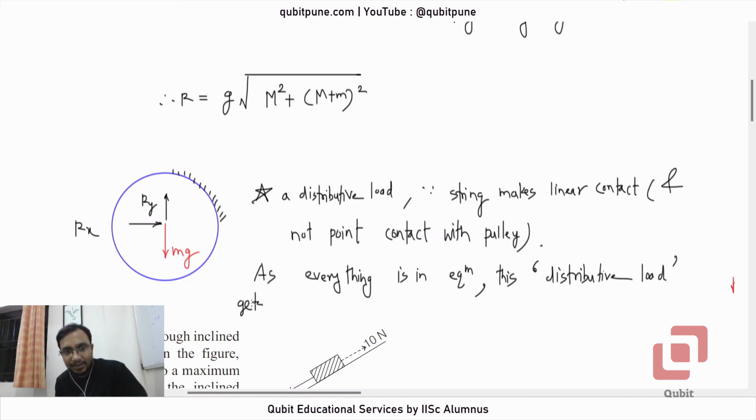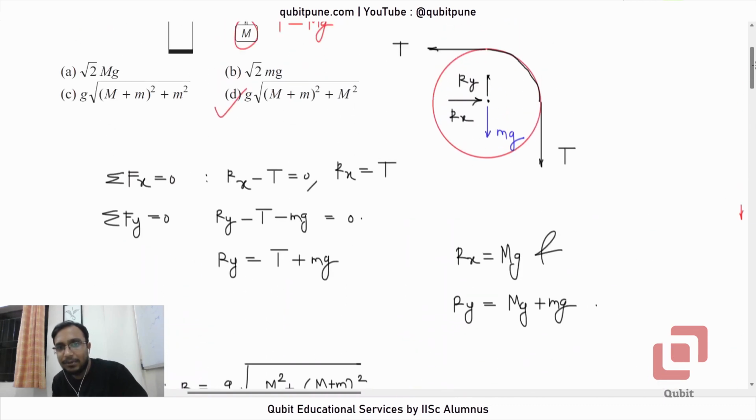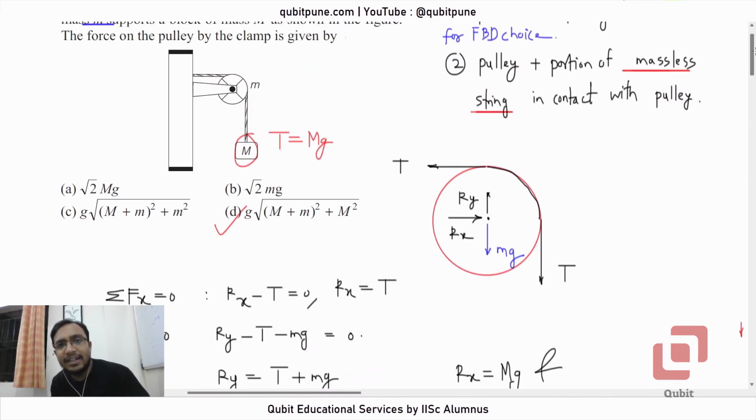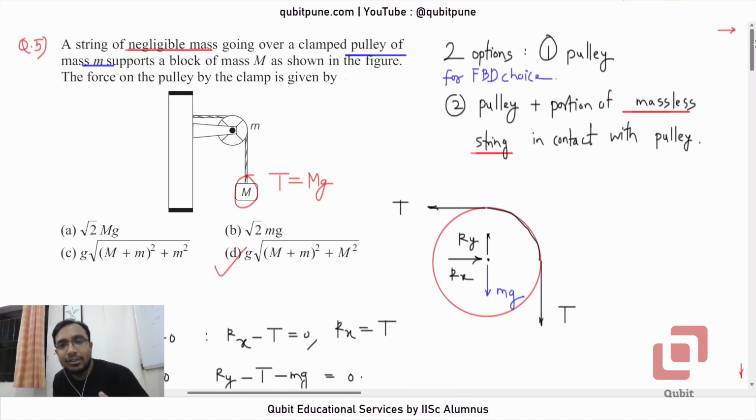And that transfer is what we have shown here, because the tension is not really a directly acting force on the pulley. Tension is in the string, correct?